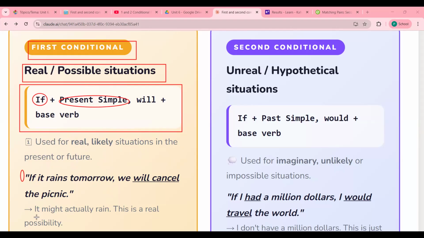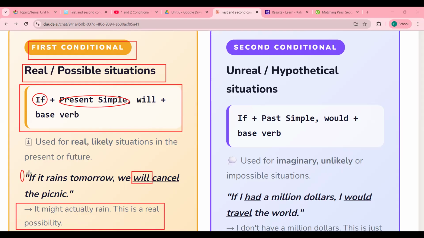Again, real possibility. This is something possible, something real. That is the first conditional. It's usual to use will in my result.